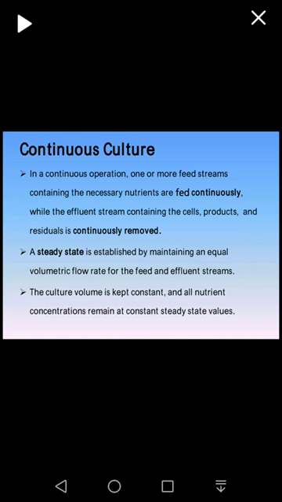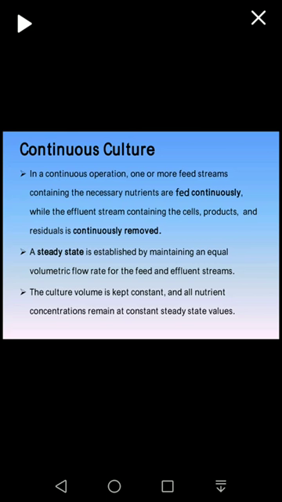So as a result of this, a steady state is established by maintaining an equal volumetric flow rate for the feed and effluent stream. So it means that the amount of the food or medium which is added to the fermentation tank is equal to the amount of the product or the cell debris which are being removed. So that's how a steady state is maintained.